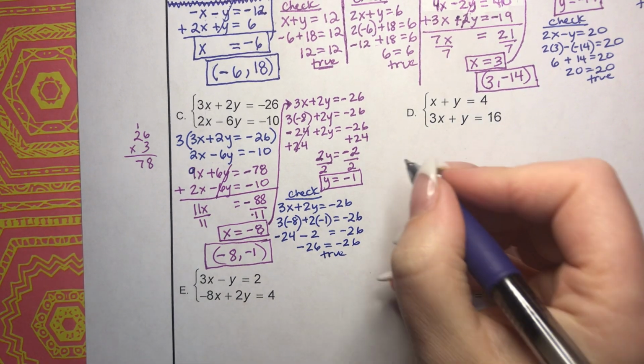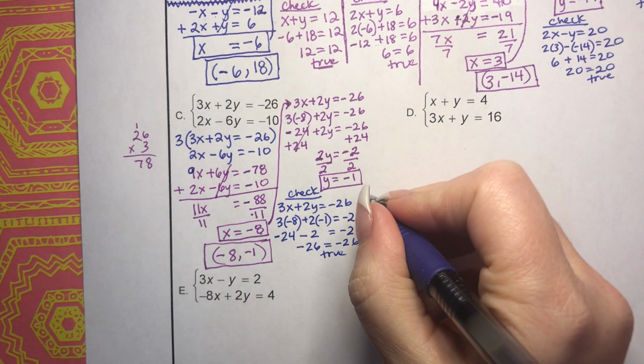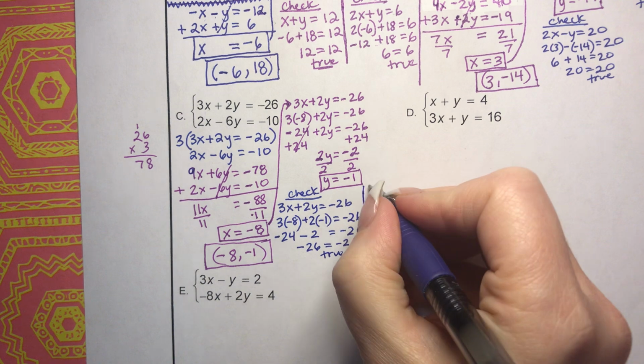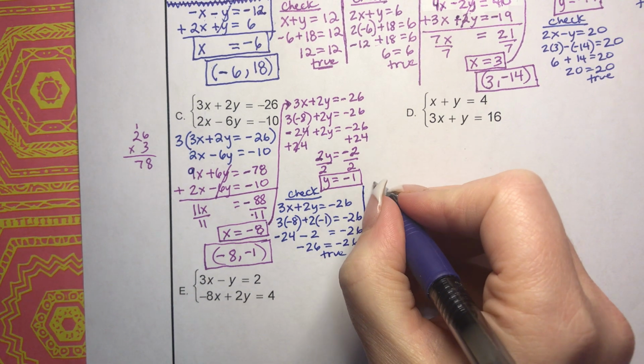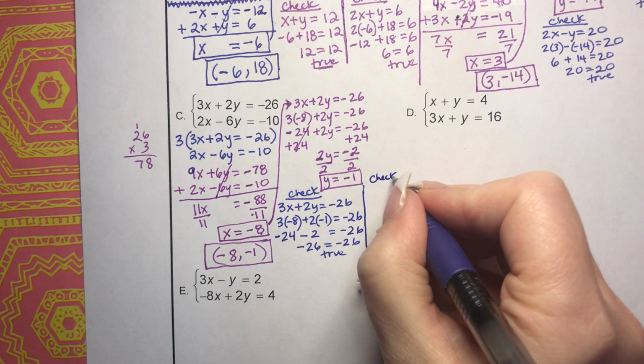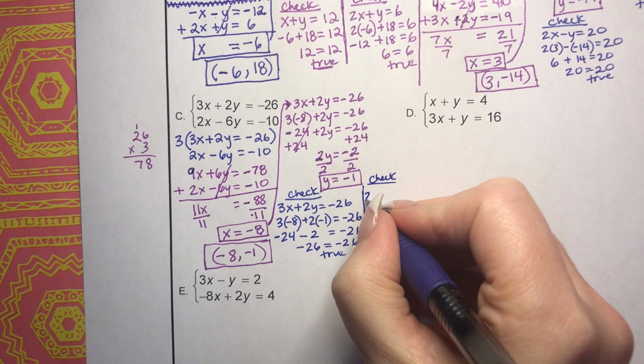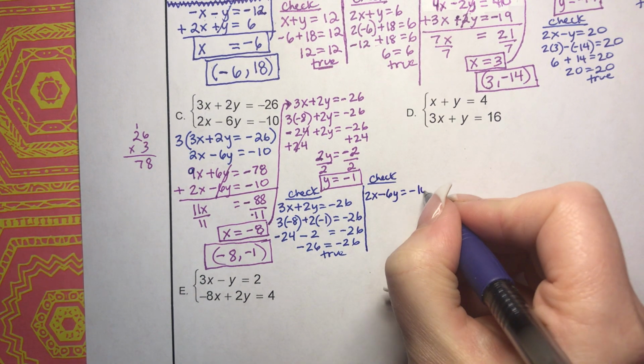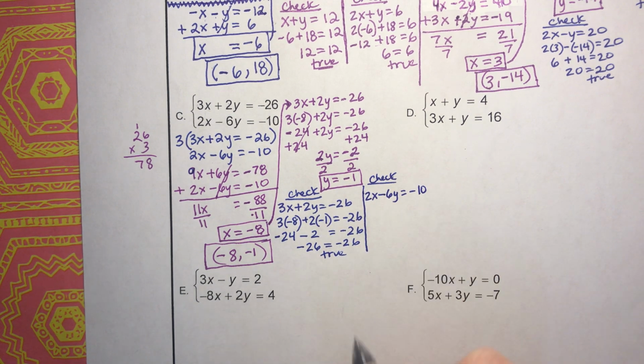And then we just have to check the other one. So draw a little line right here. My second equation is here. 2x minus 6y equals negative 10. So substitute in those values.